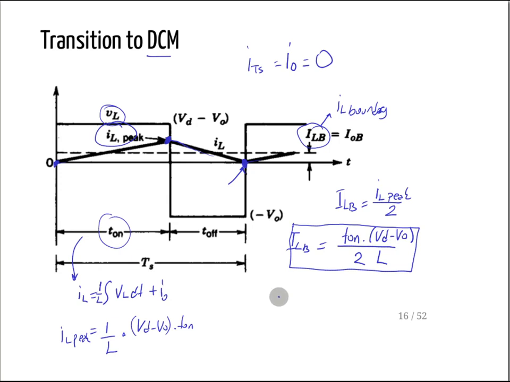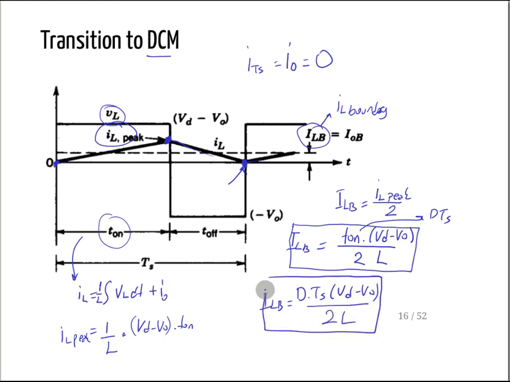And of course, instead of T on, I can write D times TS. So ILB is equal to D times TS times VD minus VO divided by 2L. Let me clear that part a little bit.